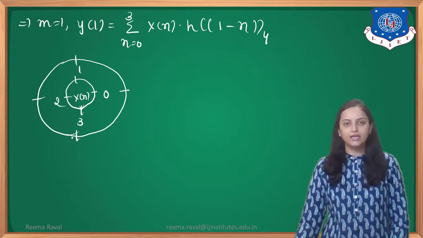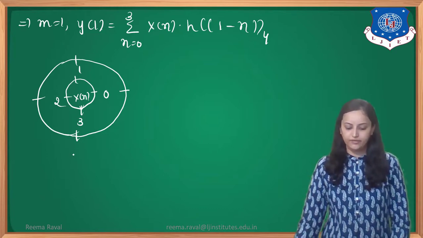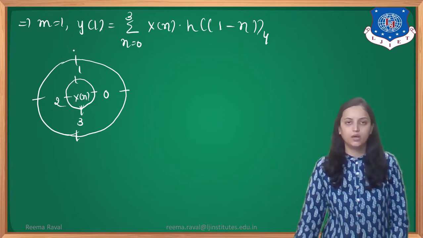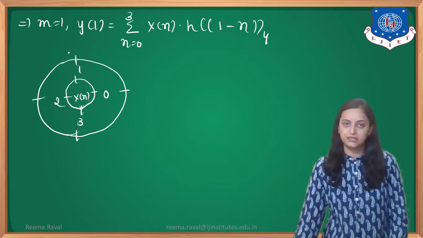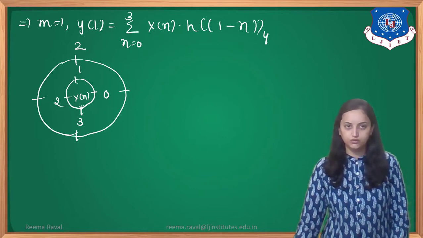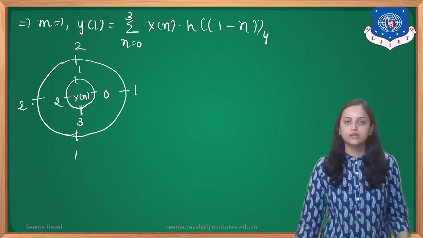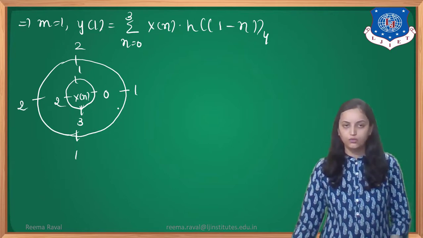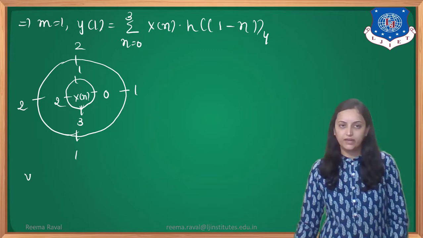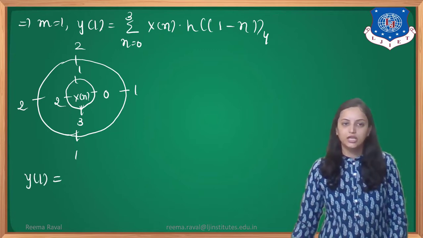Now in the h of minus n we have seen that instance where 2, 1, 1, 2. Same way now we are adding the plus 1 part, that means we are advancing that sequence. So now it will start from this, that will give 2, 1, 1 and 2. So this is the sequence given to us. Alright. Now let us multiply the respective elements to get y of 1. So we will get 0 into 1.